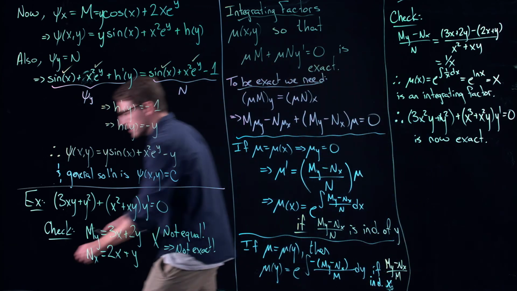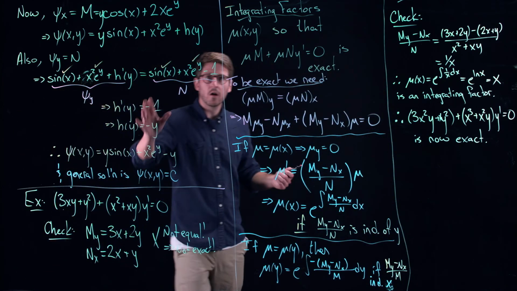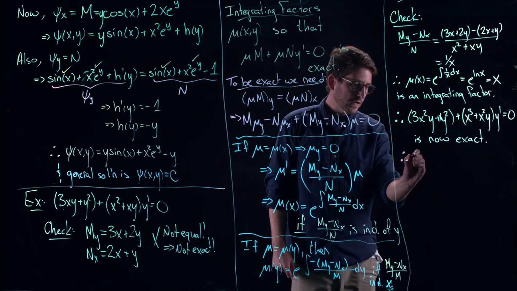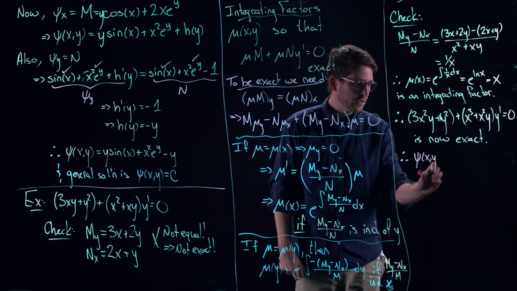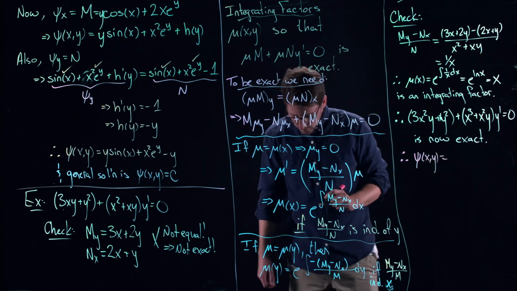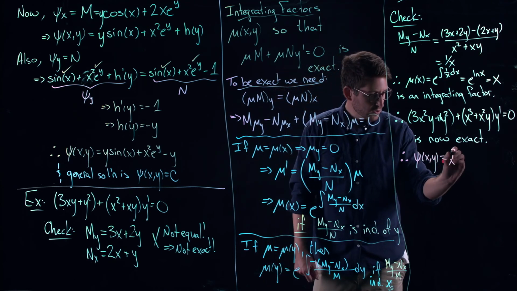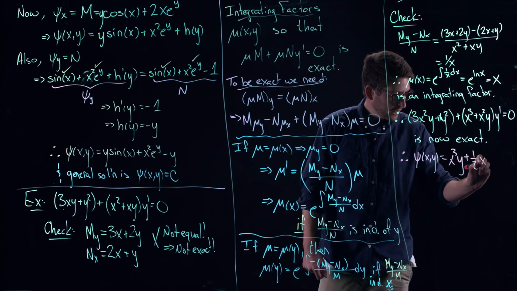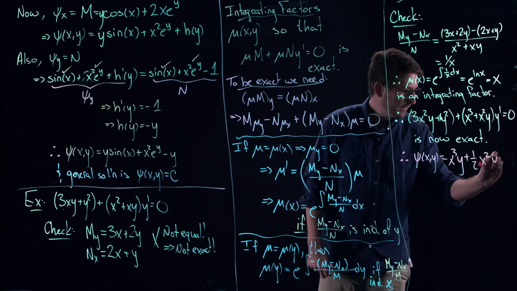And you can further check, you can solve it in the same way we did with this. And so therefore, your potential function is very simple. In fact, it's equal to x cubed y plus 1/2 x squared y squared.